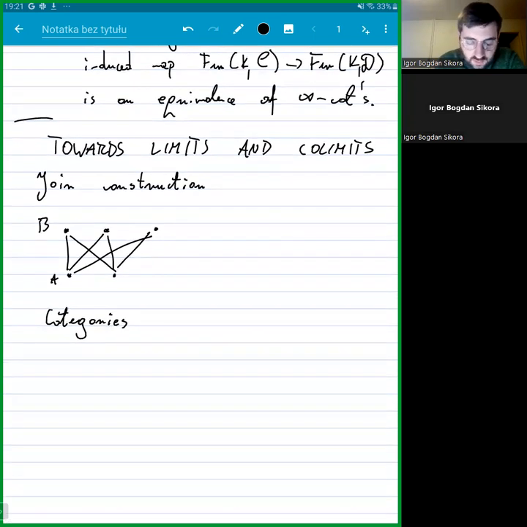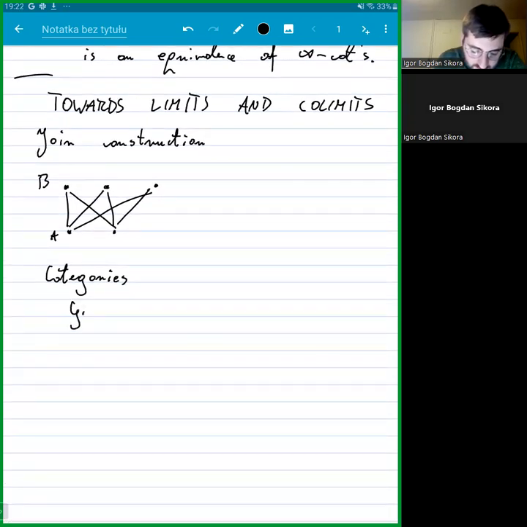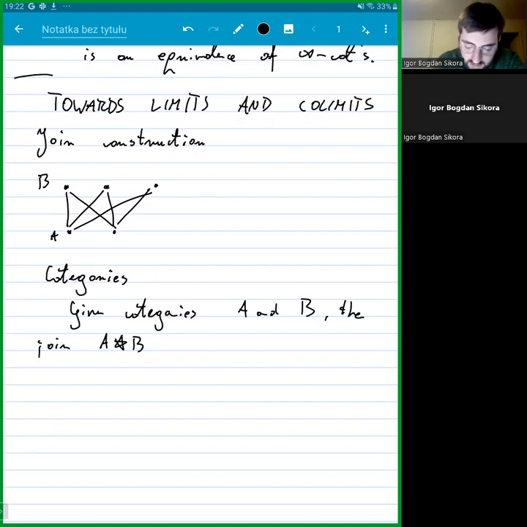How does it work? Given categories A and B, and here, of course, by categories I mean ordinary categories, the join A and B is the category with objects.